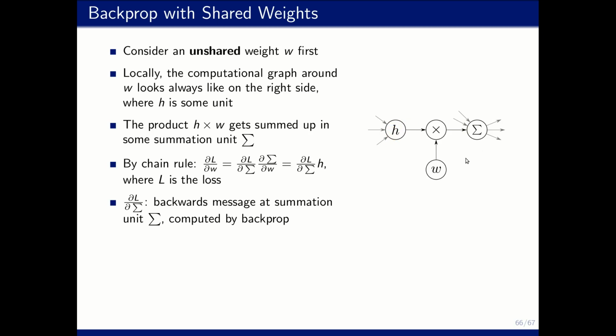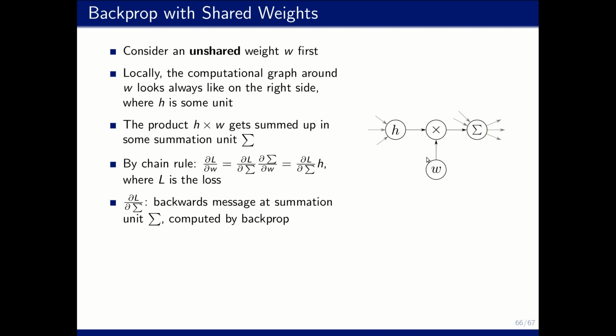So if you have an unshared weight, the computational graph always locally looks like this. You have an output of some unit which you weight with W, and this is input to the next unit. So the product of H and W, where H is the output of the previous unit and W is the weight, gets just summed up in the next unit.